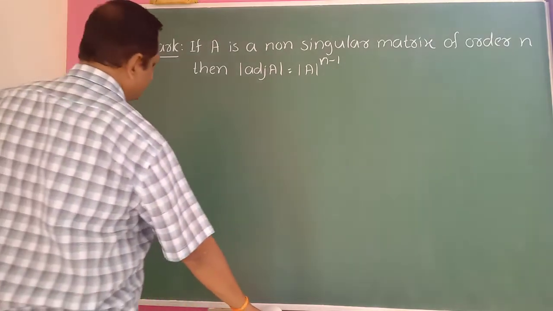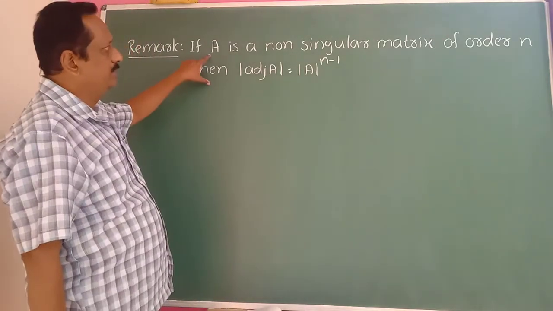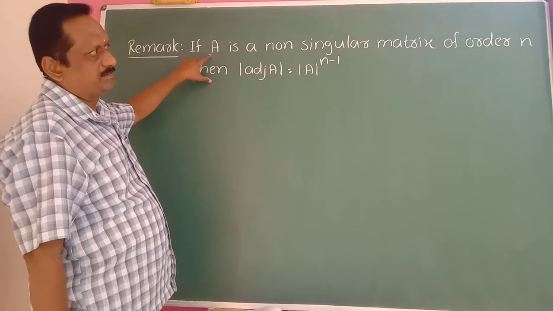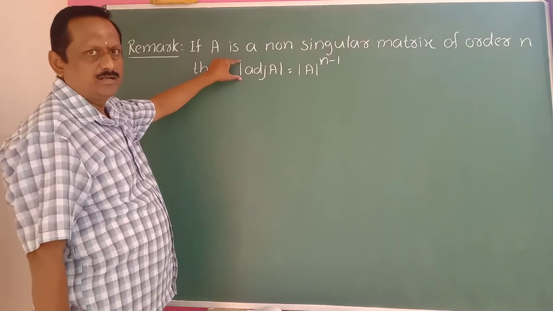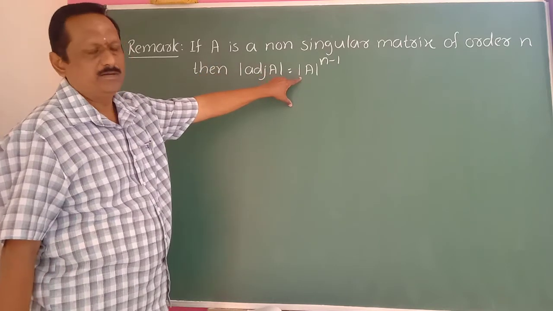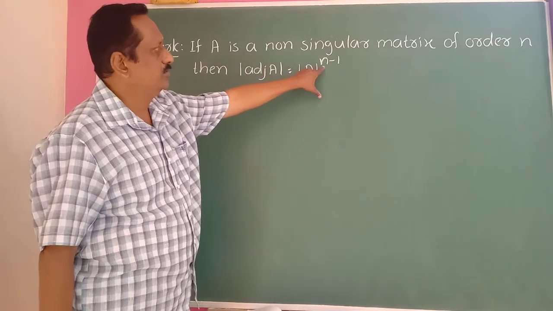So the remark is that if A is a non-singular matrix of order n, then determinant of adjoint of A is equal to determinant of A raised to n minus 1.